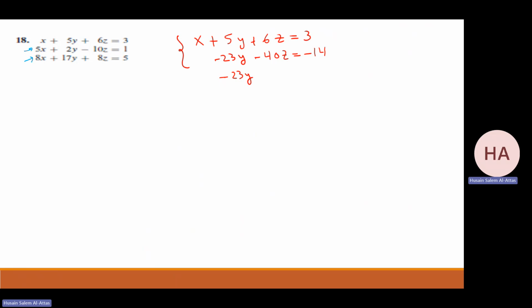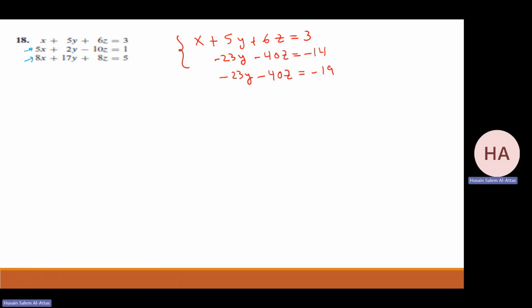Minus 8 times 6, minus 48 plus 8, that will be minus 40z. Equals, then I multiply minus 8 times 3, minus 24 plus 5, that is minus 19.